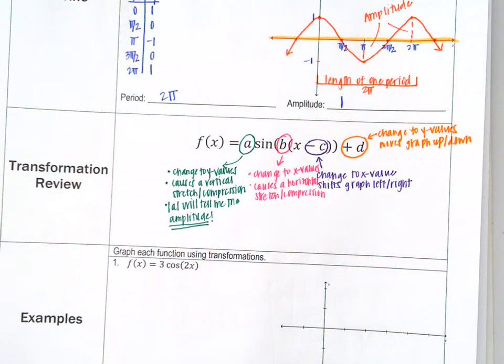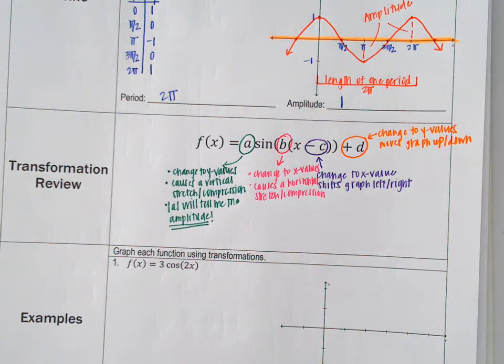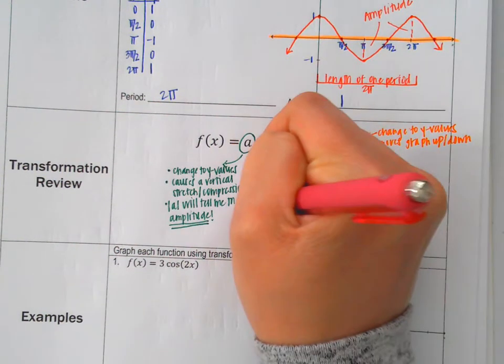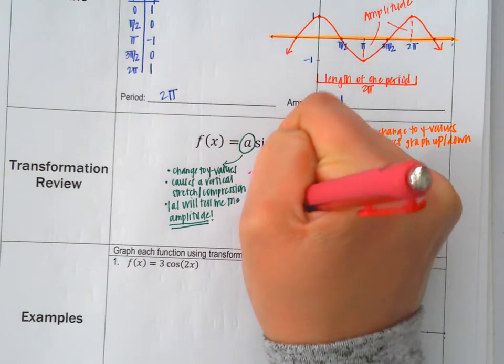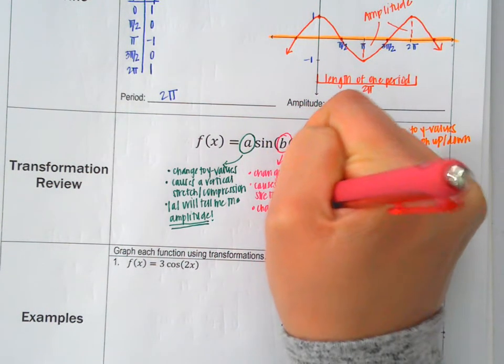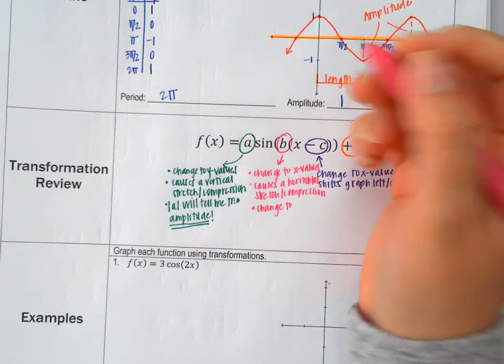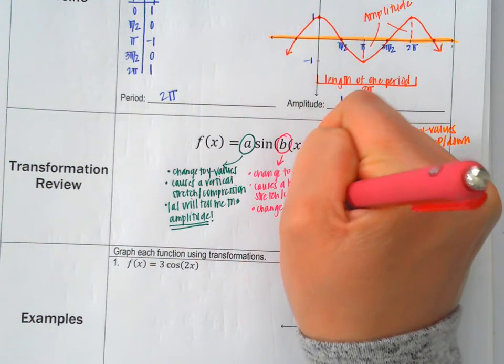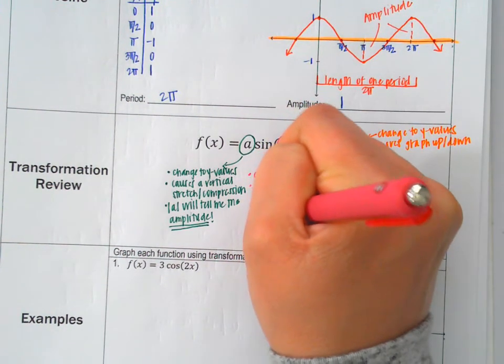So B is a change to the length of the period.